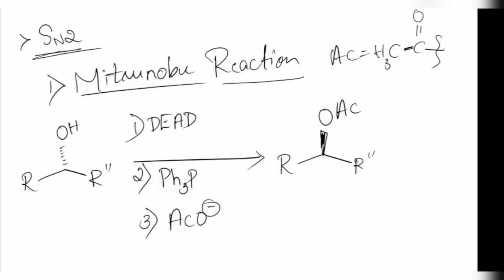Then we can find it in the Finkelstein reaction. That is also an example of SN2, where normally we will take RCl. Here I will take RCl, with acetone as a solvent, this is acetone.